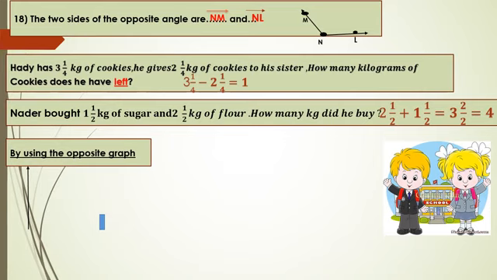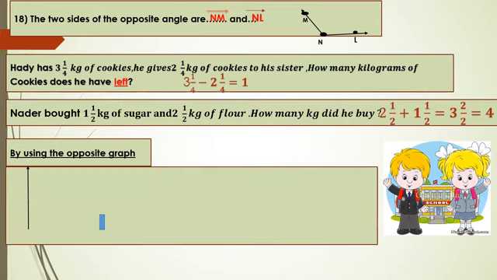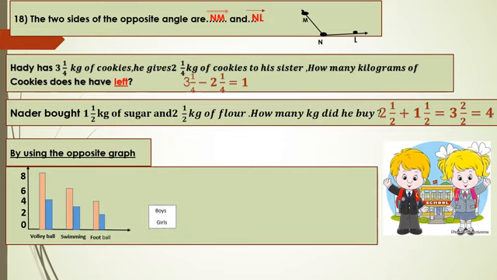By using the opposite graph, we want to answer the following questions. This is a double bar graph between the number of boys and girls and favorite sports: volleyball, swimming, and football.